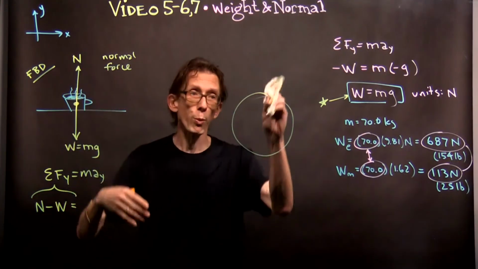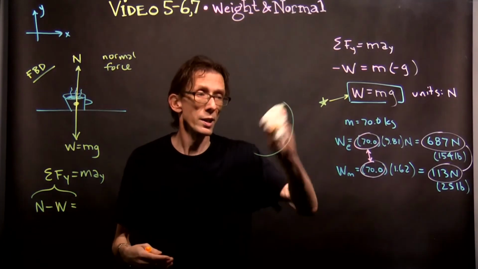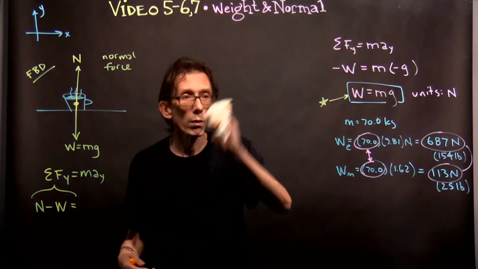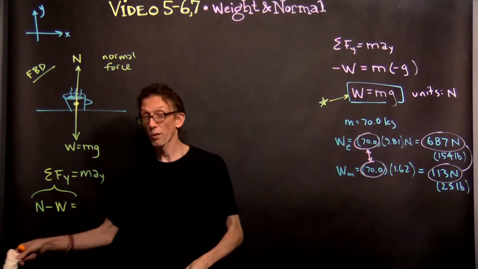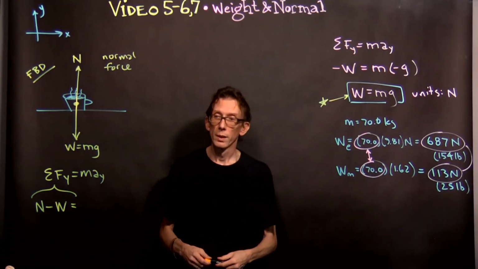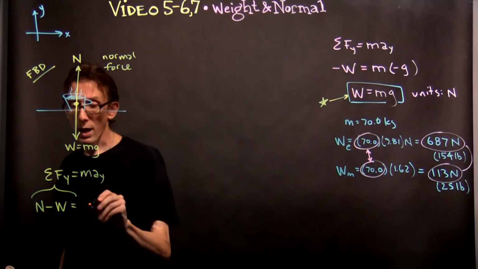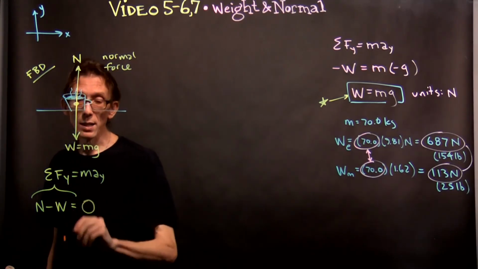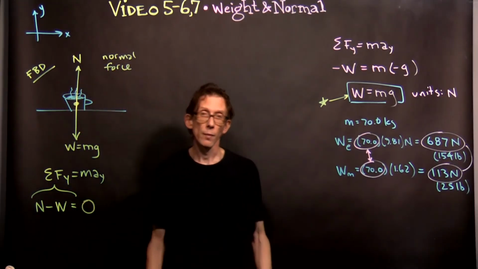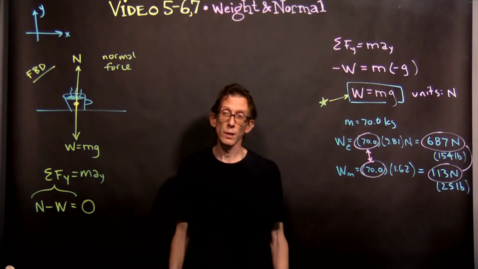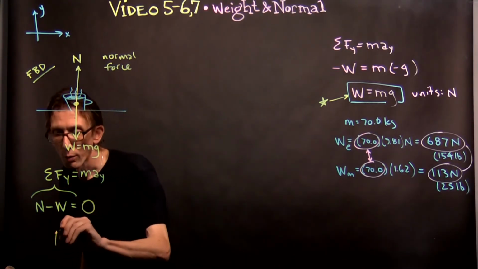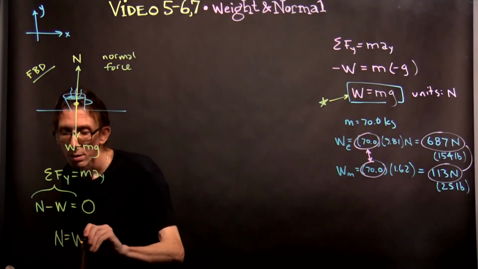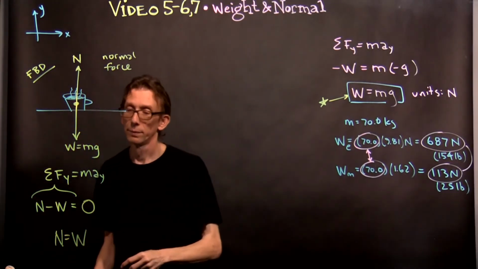It's not accelerating upward. It's not accelerating downward. Its velocity is 0. Its velocity is constant. When velocity is constant, there is 0 acceleration. So m a_y is 0 because a_y is 0. Any mass times 0 will give you 0. So look, the normal force is equal to the weight.